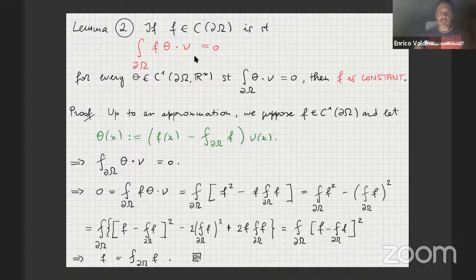Well, then f is necessarily constant on the full boundary of omega. The proof of this is simple. It's basically functional analysis, right? What is orthogonal to the flux of the zero flux vector fields?